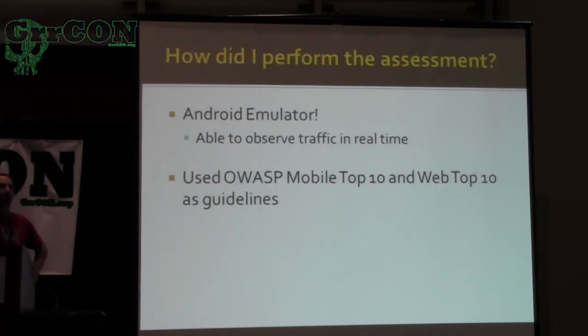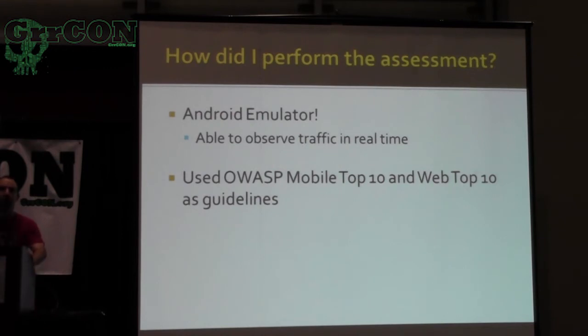All right, so how did I perform the assessment? The Android emulator is a pretty cool piece of software you can install on your PC. It's meant for development, so you can install applications on it. That gave you easy root access to the device, the file system, and easy access to watch traffic going in and out. You can just run Wireshark on your machine and watch the traffic.